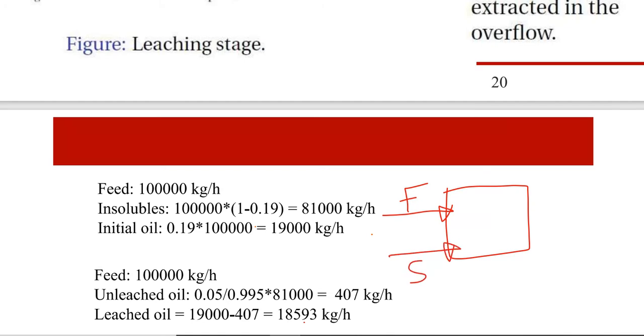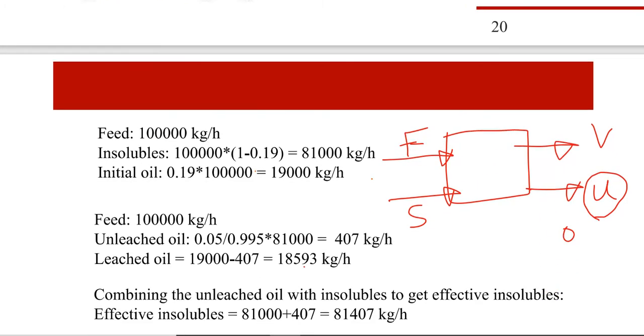Solvent will be free of B and A. Then what you have is overflow V and underflow U. In the underflow we have 0.5% of unleached oil.